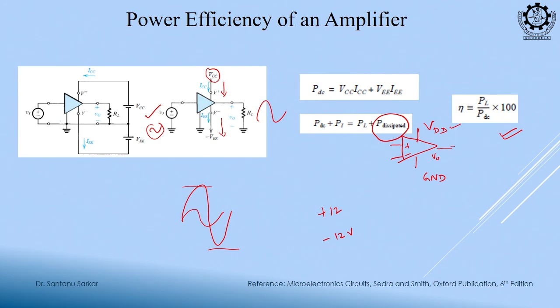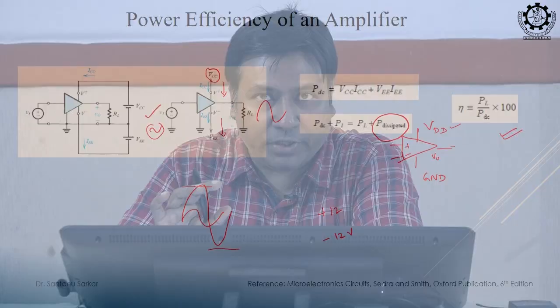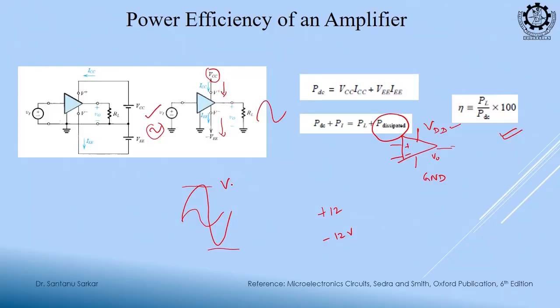What is the maximum voltage you can have? Plus VCC. You are giving a voltage of 10 volt, can it go to 12 volt? No, not possible. So, it will be limited on the positive side by the positive supply voltage, and on the negative side by the negative supply voltage. If this negative supply voltage is ground, it should be 0. If this is minus 10 volt, it should be minus 10 volt.